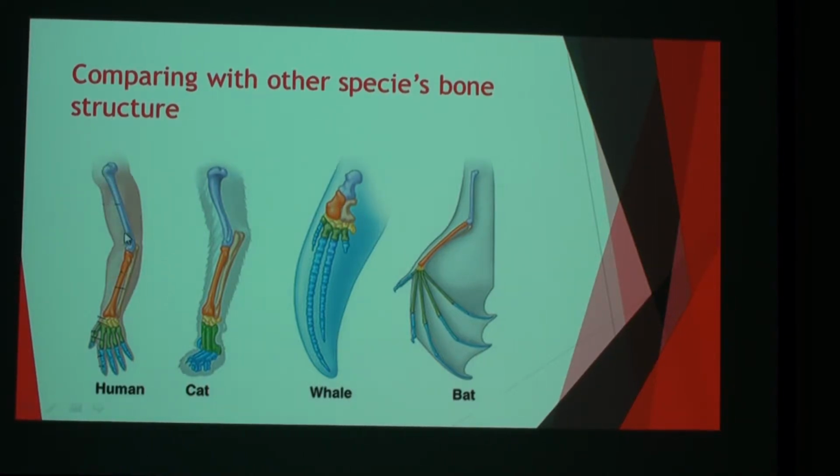Right here we see the humerus, and we see a similar structure that a cat and a whale and a bat have. And also we see the ulna and the radius. They also have some bones that function more or less like the human radius and ulna.